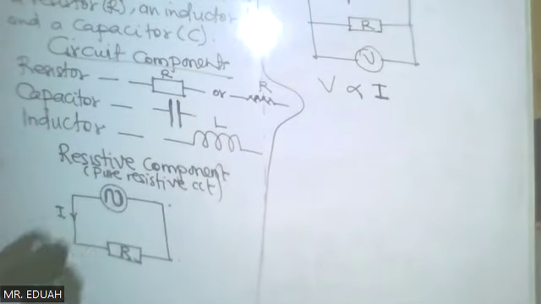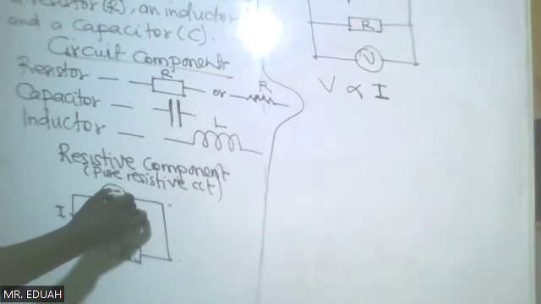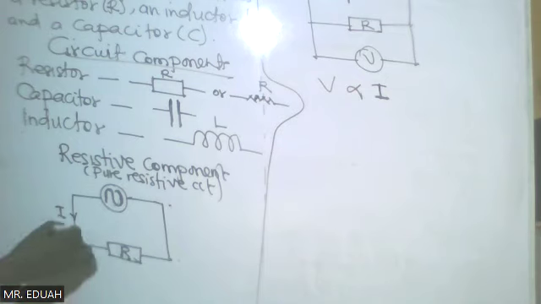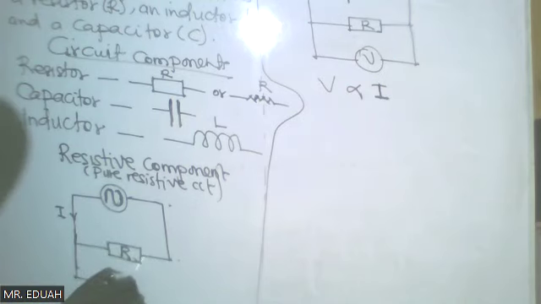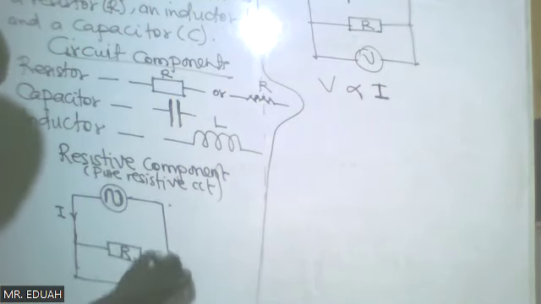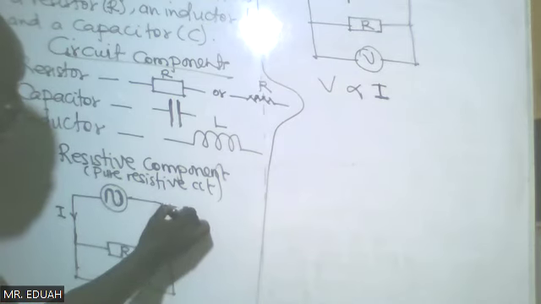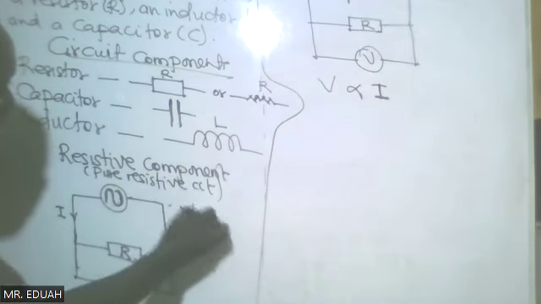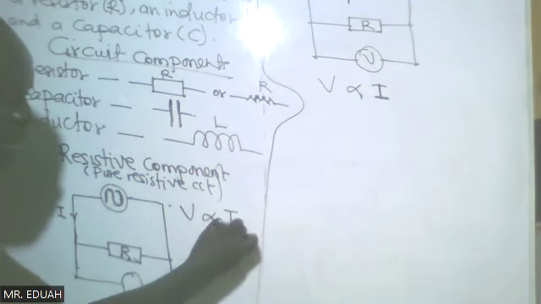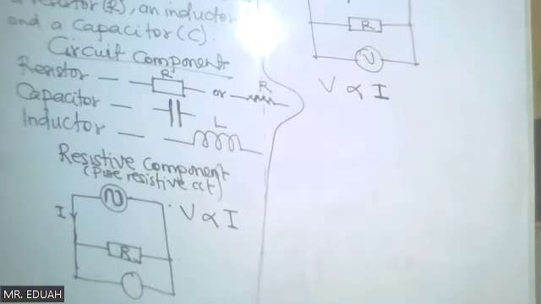Whenever you pass alternating current across a resistor and you connect a voltmeter to determine the voltage drop, you still have the voltage being directly proportional to the current flow, the RMS value of the current. Okay, so that linear relationship is still there.